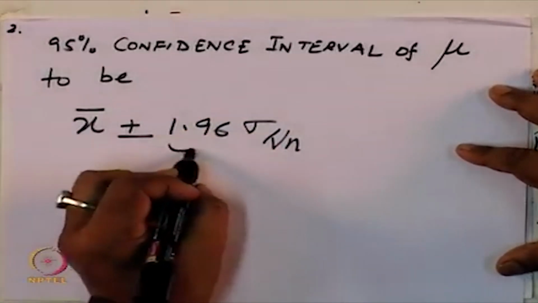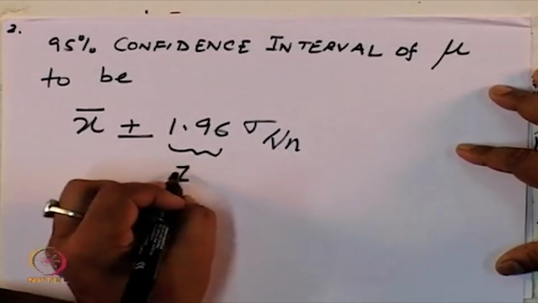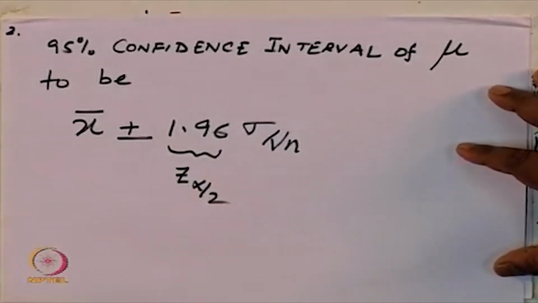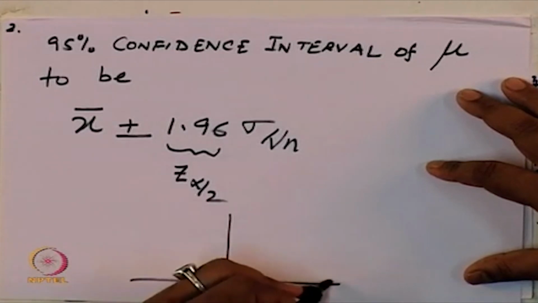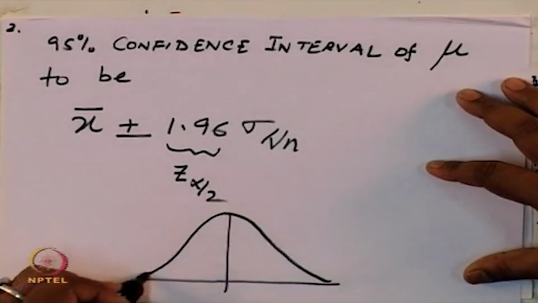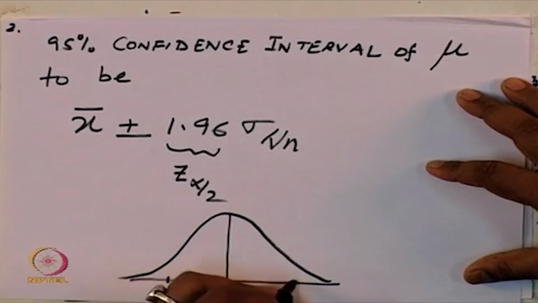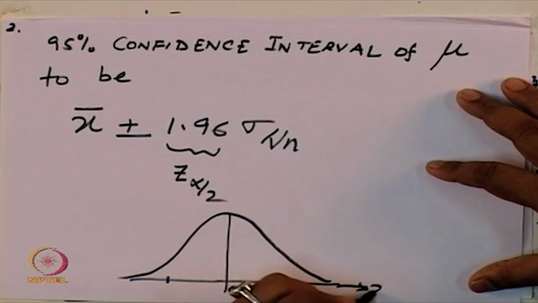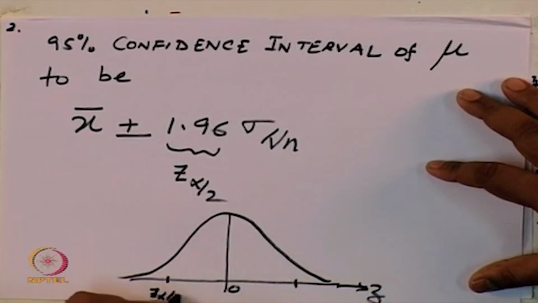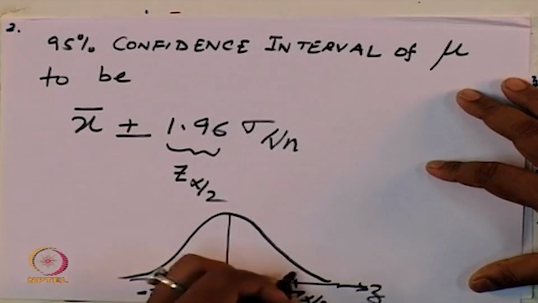This term you can write in general as z of alpha by 2. What is z of alpha by 2? If I plot this curve, this is 0 for the standard normal variable z, this is minus z of alpha by 2, this is plus z of alpha by 2.